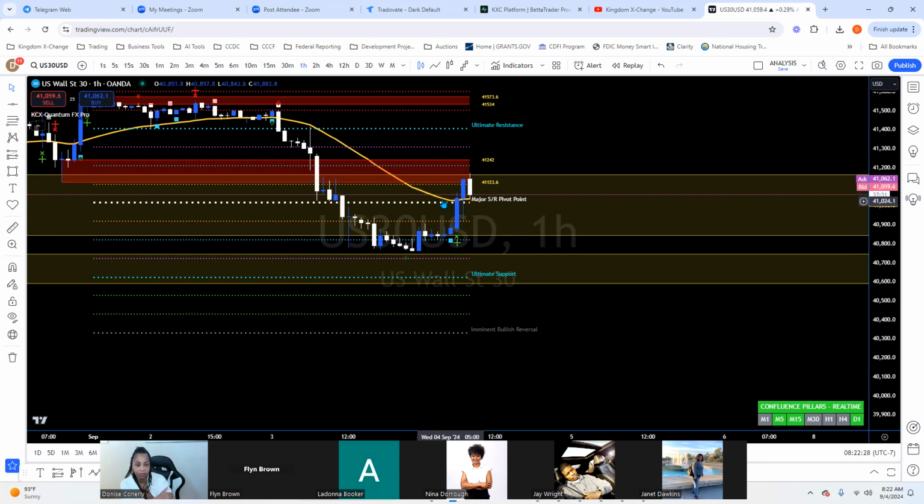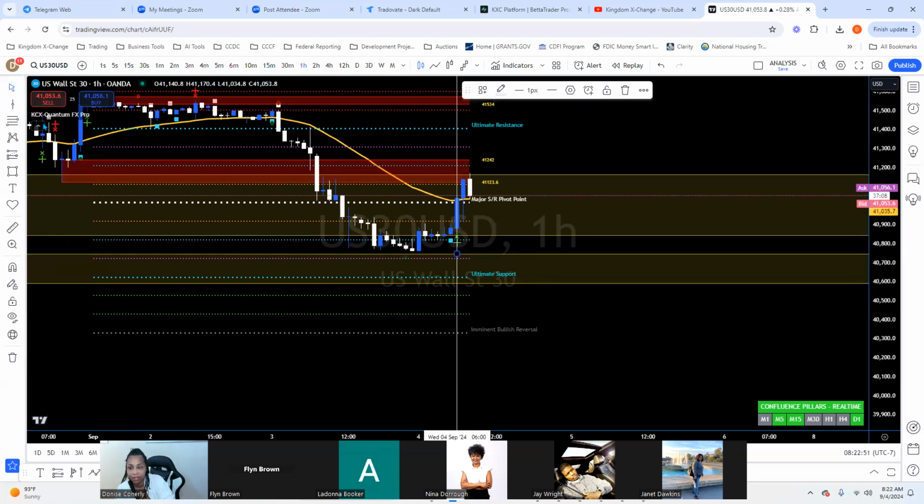I will always tell you to wait another candle if it closes there, or to go to a lower candle if you're position trading. So based on it being near this major support line, I'm going to go to the 15-minute. I'm going to mark this candle because that's my position candle, and then go down to the 15-minute.